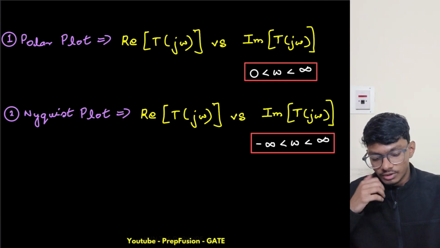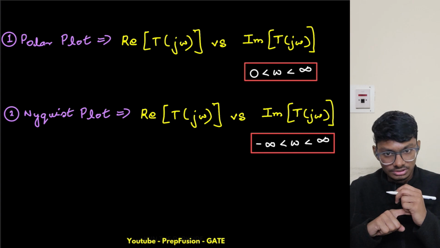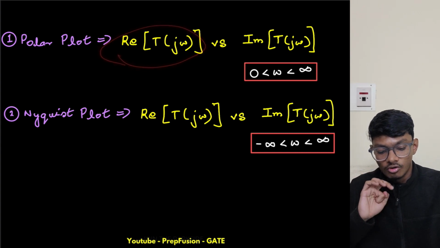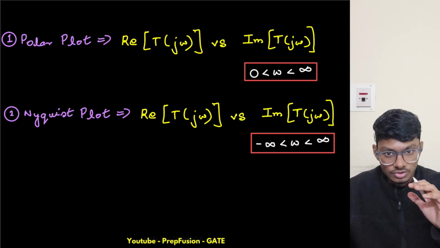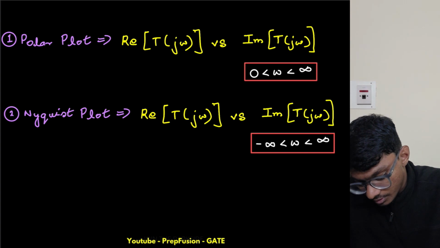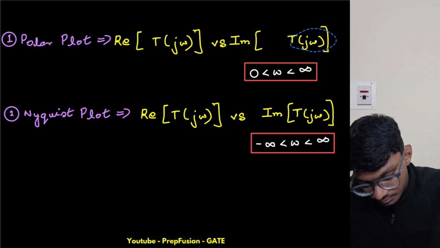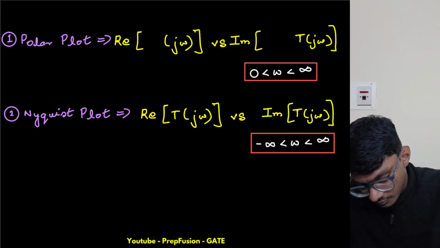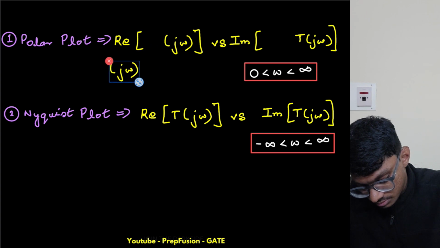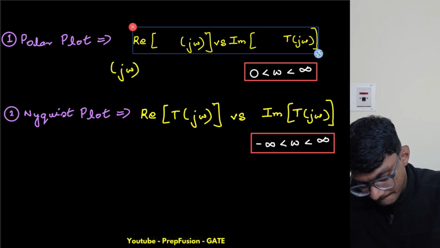So what are the different plots? This is the polar plot, which is basically the plot of the real part of, okay, this one I should write simply as OLTF, not T of j omega.